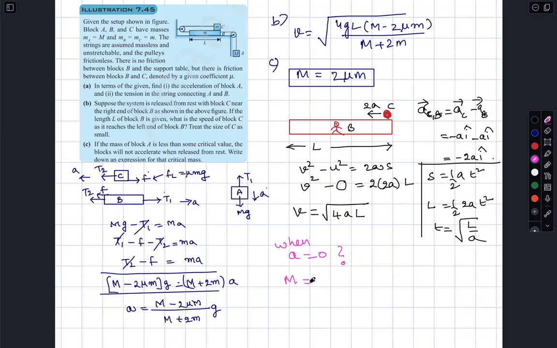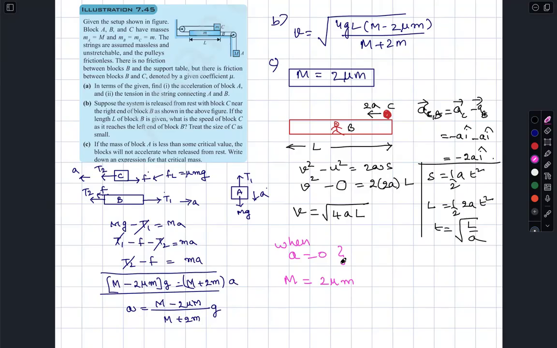Numerator, if M is equal to 2 mu small m, what happens? Acceleration becomes 0. When acceleration becomes 0, it is at the edge of slipping, but it won't slip. At this instant, the friction is at the limiting value.